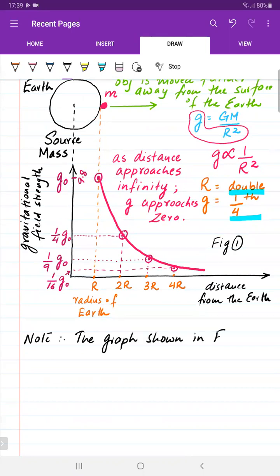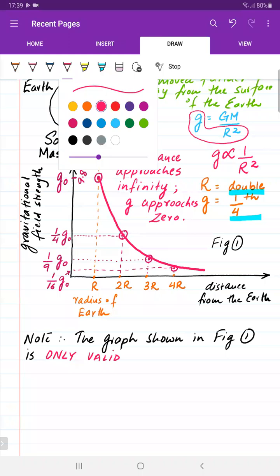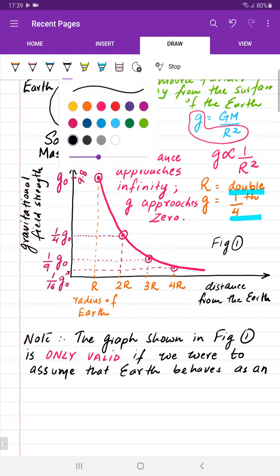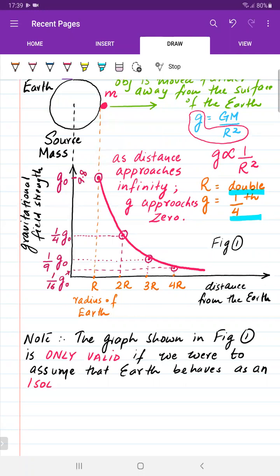The graph shown in figure 1 is only valid if we were to assume that Earth behaves as an isolated body.